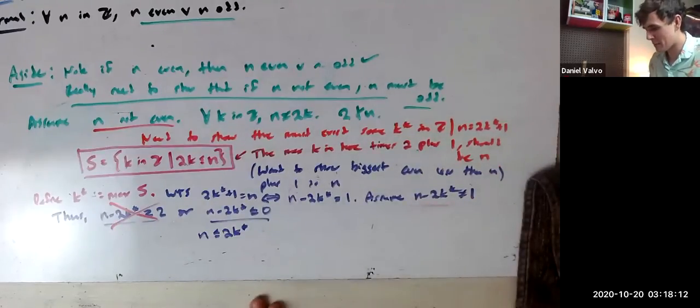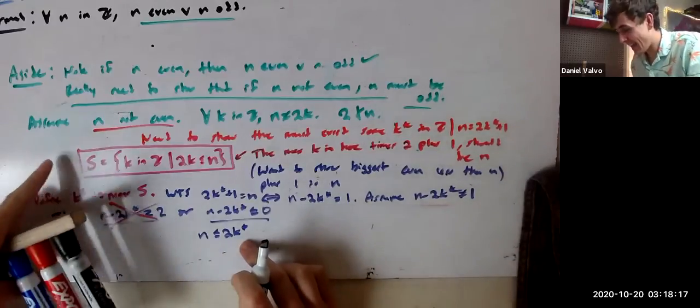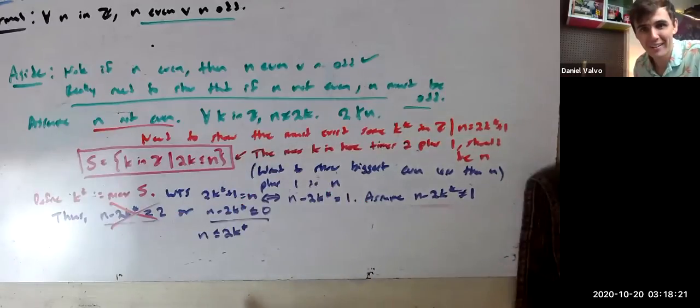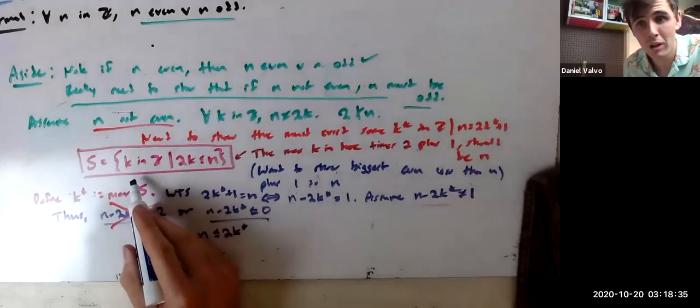But remember, K star is in S. So what do we know about 2K star? Every element of S, if you multiply by 2, what do you know?